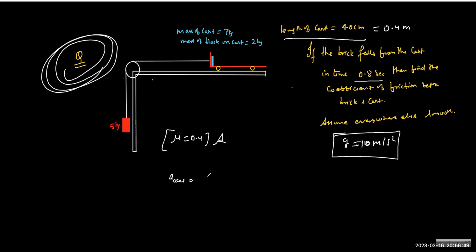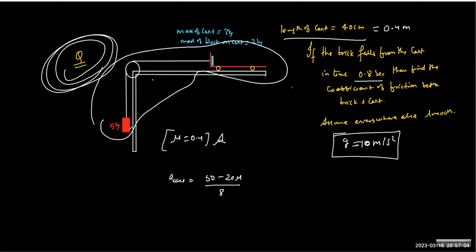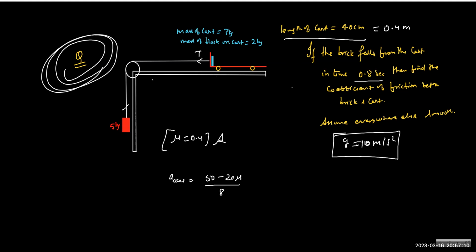The bottom surface is frictionless, no? So it's driving 50 Newton minus 20 mu upon the mass of the cart, which is 3. So the cart and this block will move together, na? So this is 10T actually.